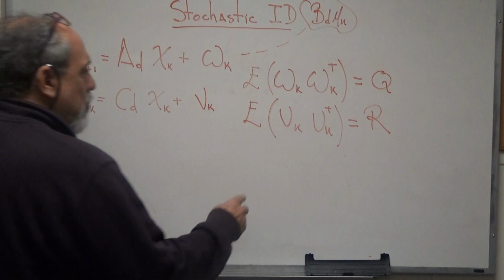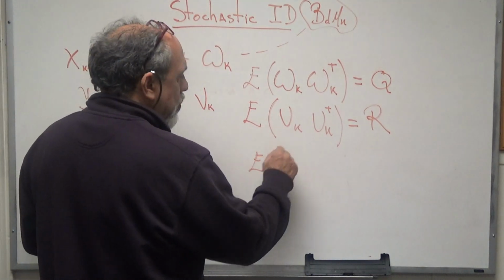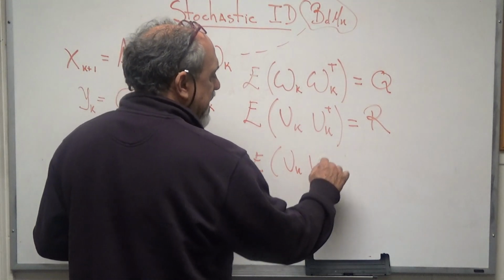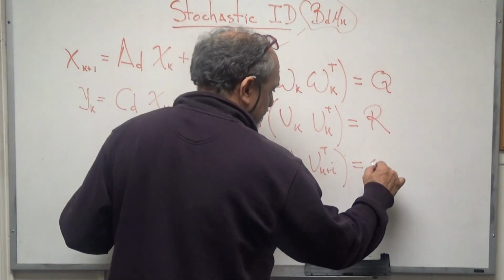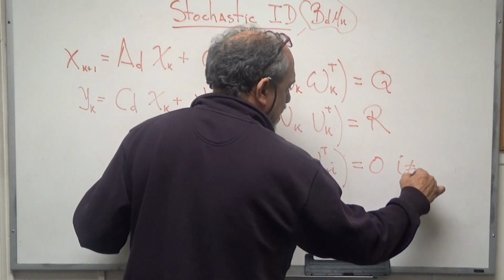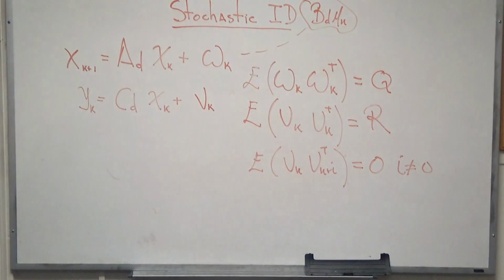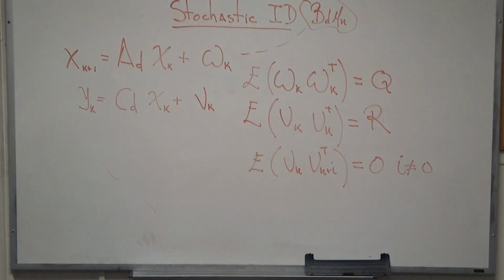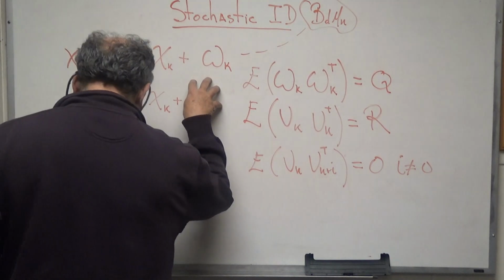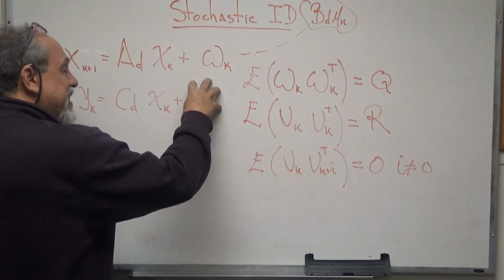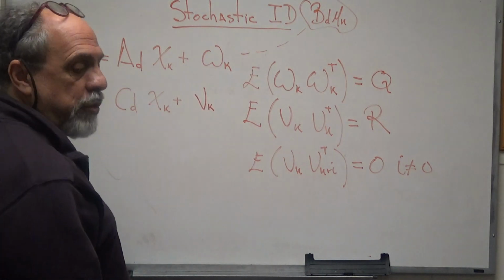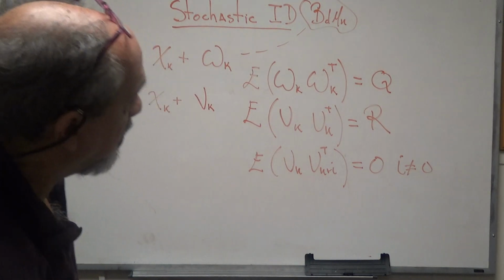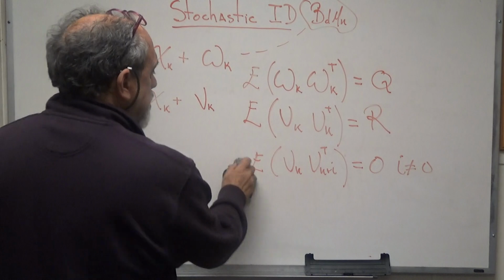And once again, we assume that the expected value of Vk and Vk plus I transpose is 0 if I is not equal to 0. That is, we also assume that the measurement noise, or the term that we traditionally call the measurement noise, is in fact also white noise, or idealizable as white noise. Okay?